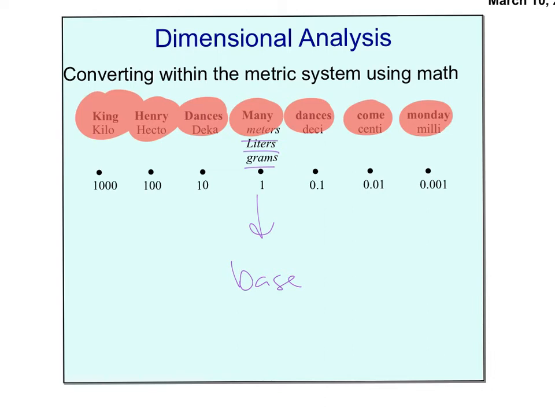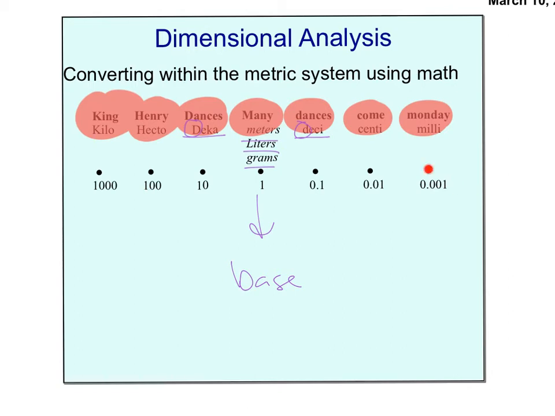One thing I want you to note specifically: notice how deca is a capital D and deci is a lowercase d. Other than that, it's pretty self-explanatory. So using these prefixes, using this order, we are able to convert within the metric system, because between every single one of these prefixes, it's all a power of 10.